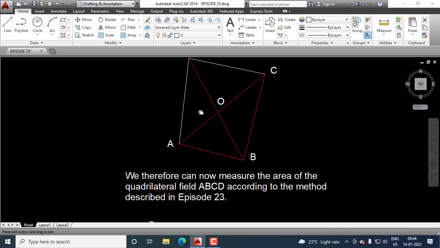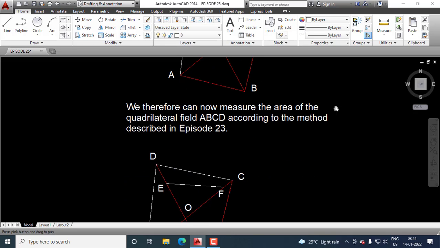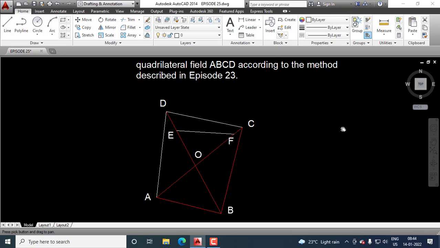We can measure the area of this field according to the method described in episode 23. But we have not performed any check. So we should choose a check line EF.